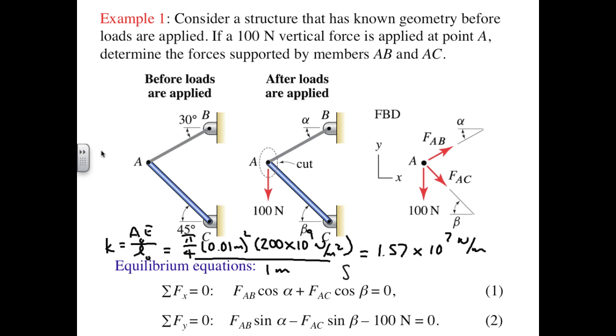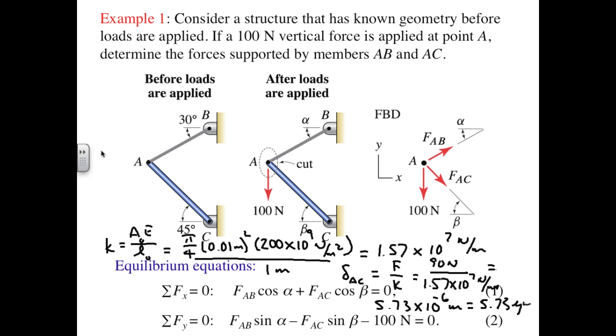The corresponding contraction in AC is the force over K, and with a load of 90 newtons and this value of K, we end up with 5.73 times 10 to the minus 6th meters, or 5.73 microns.